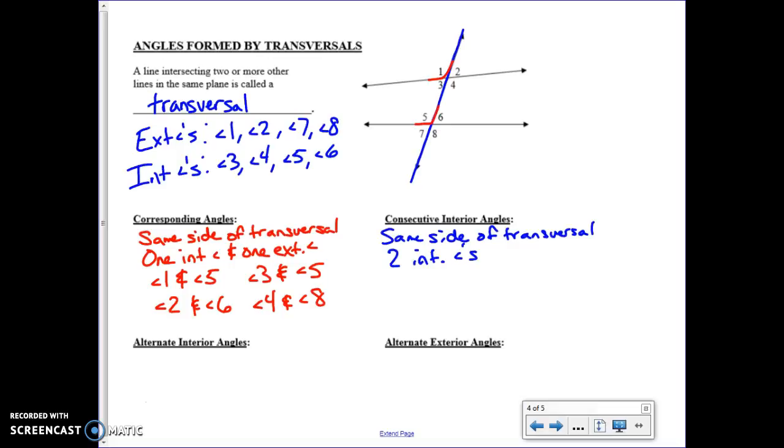We're looking at the same side of the transversal. If I start with angle 3, then I need it to be on the inside and on the same side, so angle 5. My other pair would be angle 4 and angle 6.